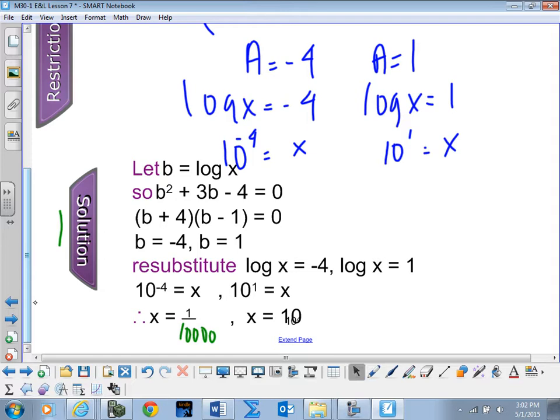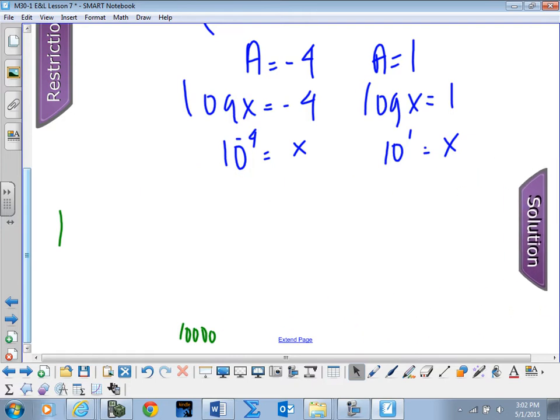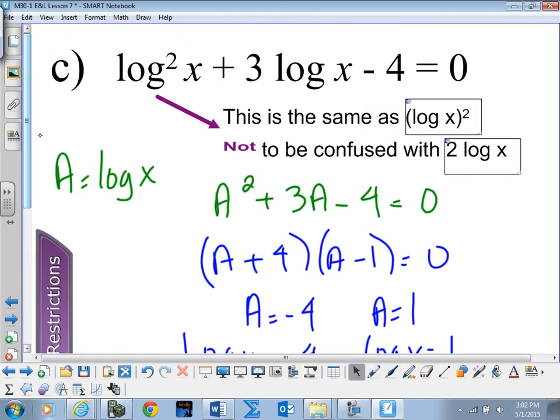What about restrictions here? Are both these values correct? So we know that these are our two answers. Let's check our restrictions. Look at our restrictions. Where's the value here? It's just x.